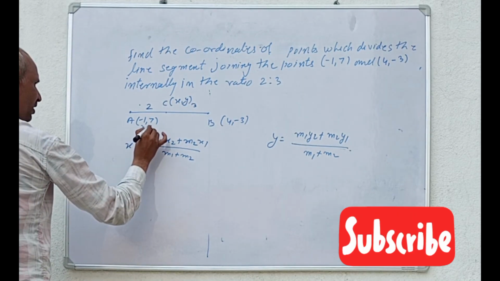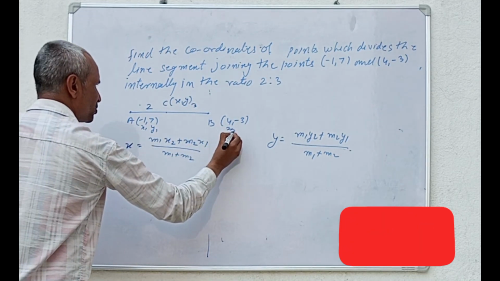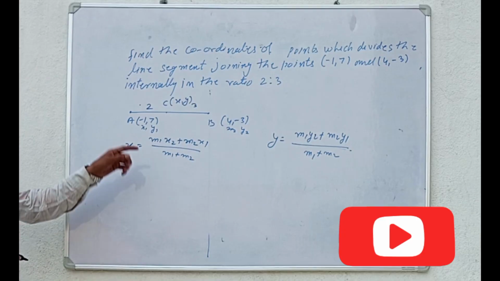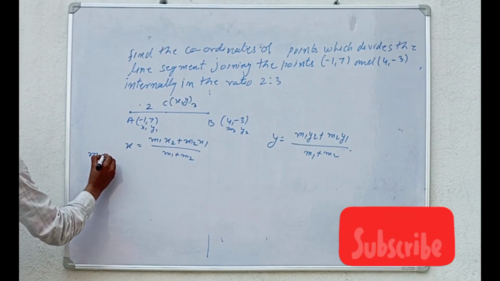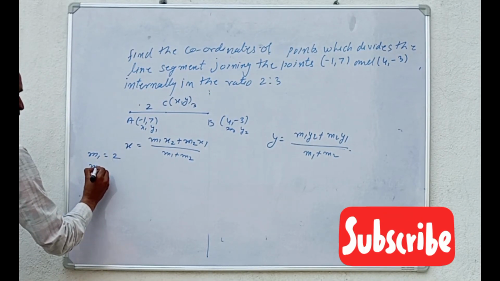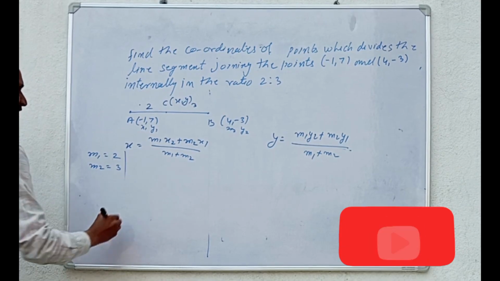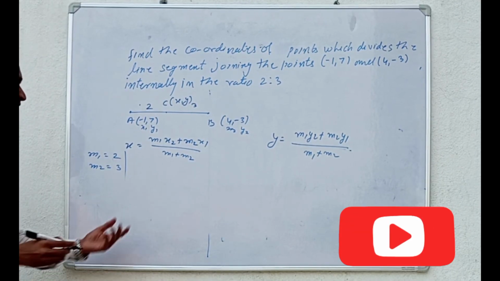First of all, we have to find what values are given. This is given here x1, y1. This is x2, y2 given, and the ratio given, m1 is 2 and m2 is 3. We just put the values and the answer will come.